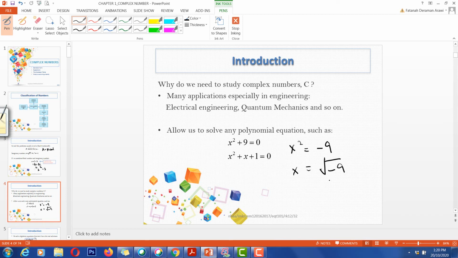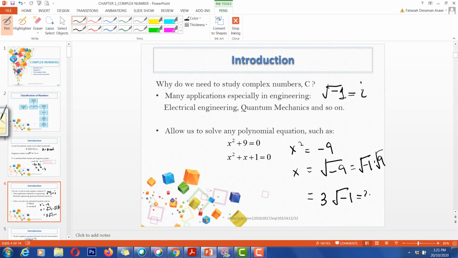If you put it in a calculator, you will get a math error. But with complex numbers, we can solve this equation: it is something like 3 times the square root of negative 1, which is i. So we have 3i.